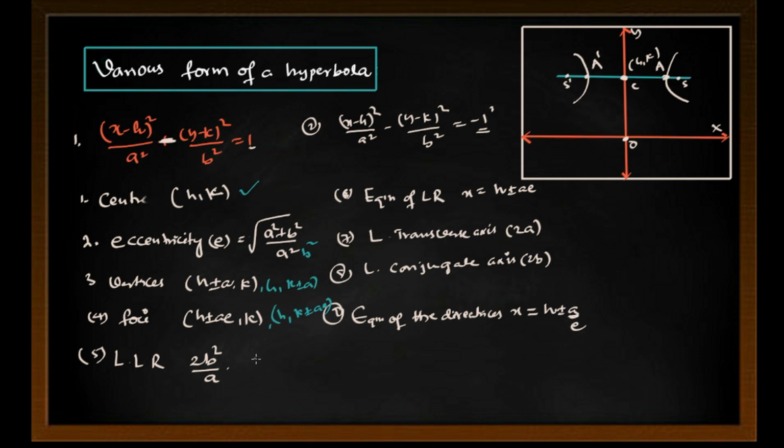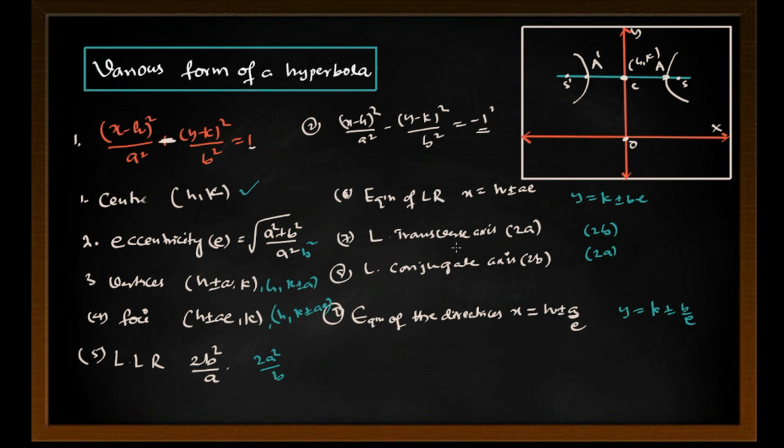Length of latus rectum is 2a square by b. Equation of latus rectum is y equals k plus or minus be. Length of transverse axis becomes 2b for the conjugate hyperbola and length of conjugate axis is 2a. And equation of directrix is y equals k plus or minus b by e.